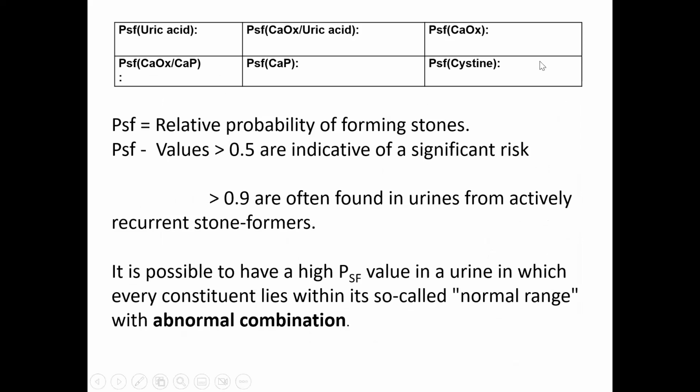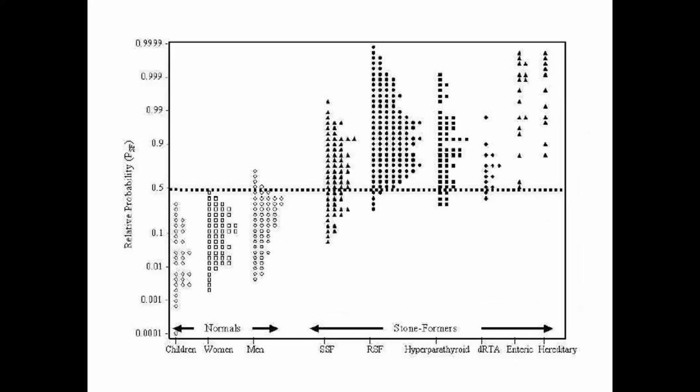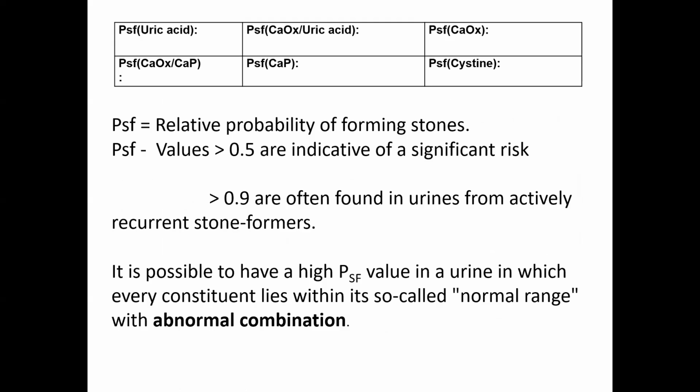This is what we include in the urinary stones report. We have the relative probability of forming stones. It's a score between 0 and 1. Less than 0.5 is the safe area.